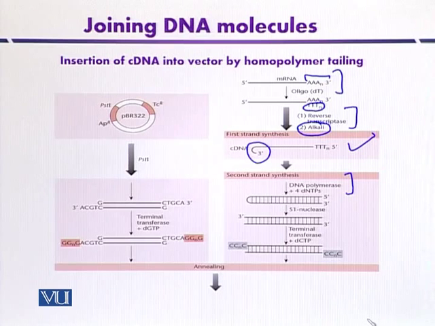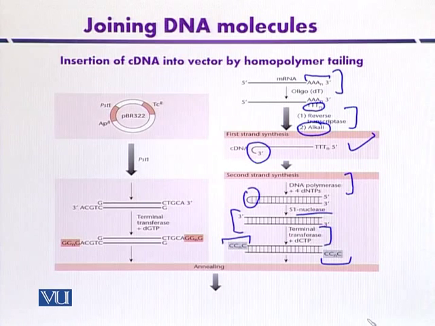So at the other end of the DNA, this hairpin loop-like structure is there, and this loop-like structure can be hydrolyzed by the use of some nucleases, so that one can get double-stranded cDNA. Then this cDNA can be treated with terminal transferase, so that it can introduce only, for example, cytosine homopolymer tails at the 3' end.